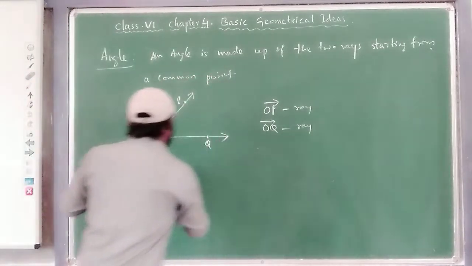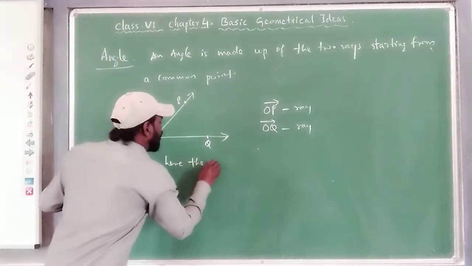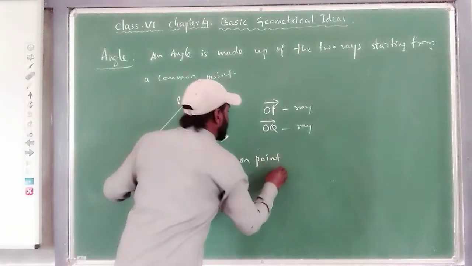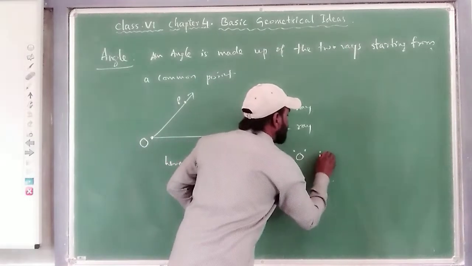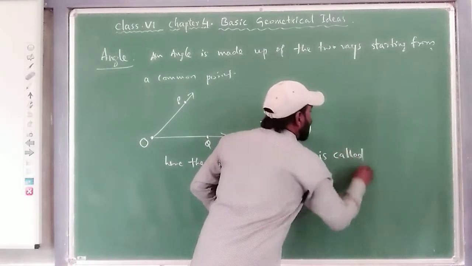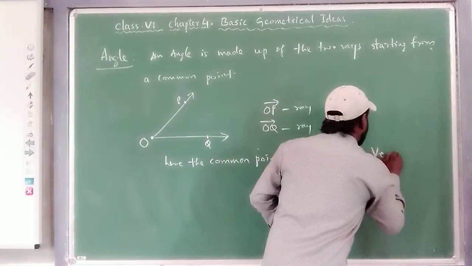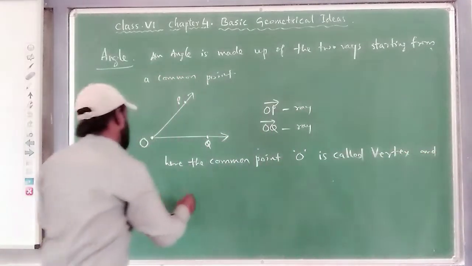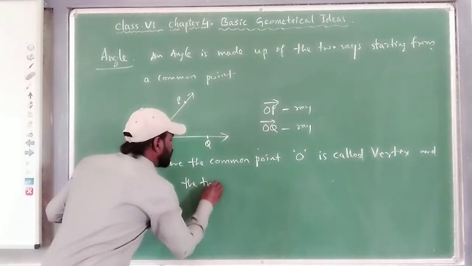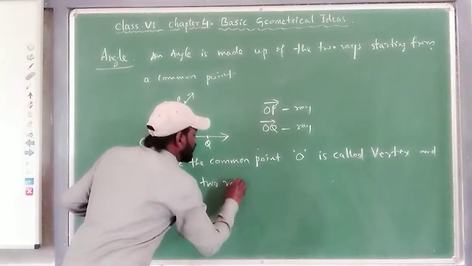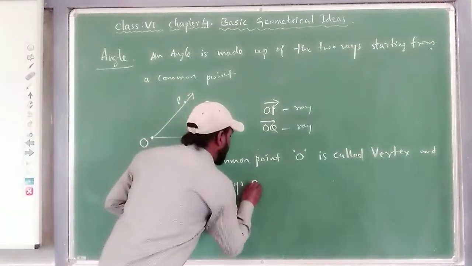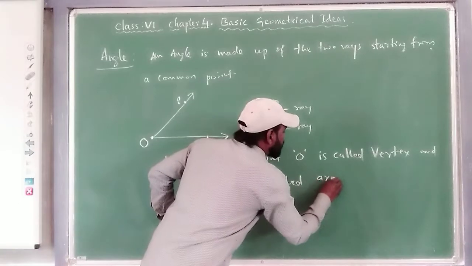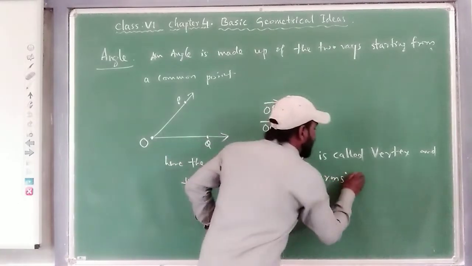The common point from where we start, O, is called the vertex, and the two rays which are starting from the common point are called arms of the angle.